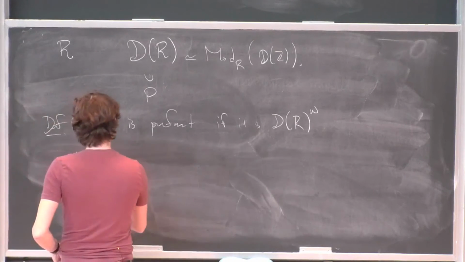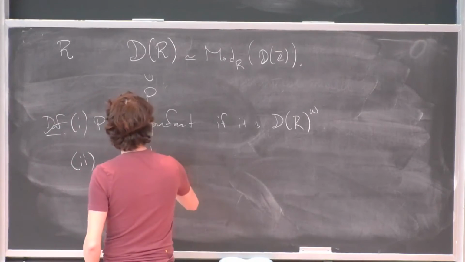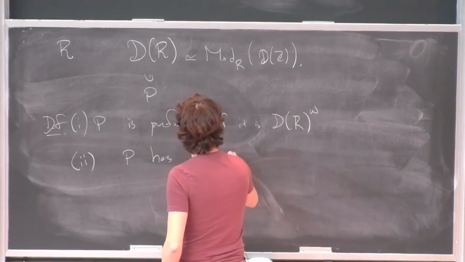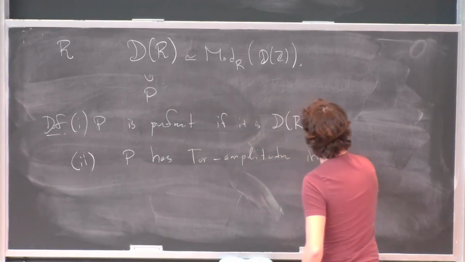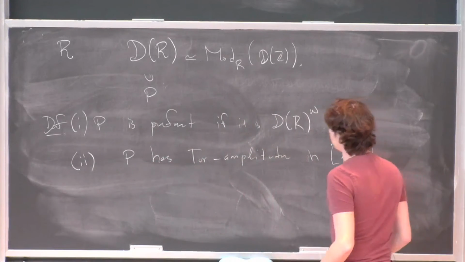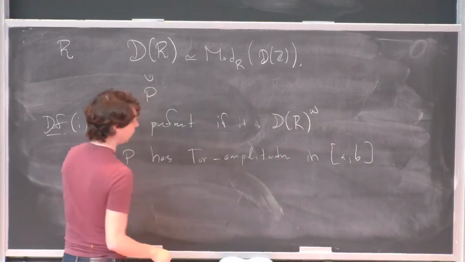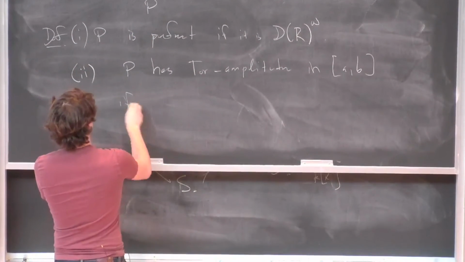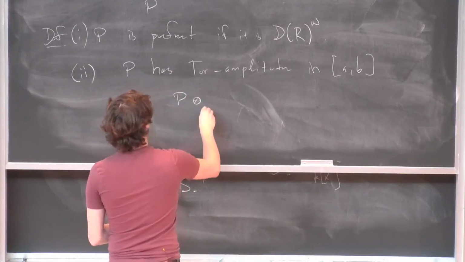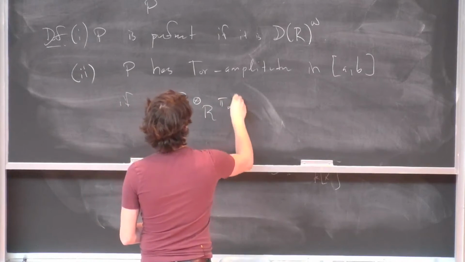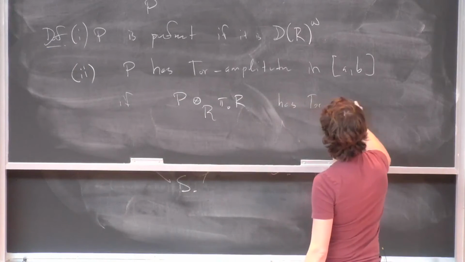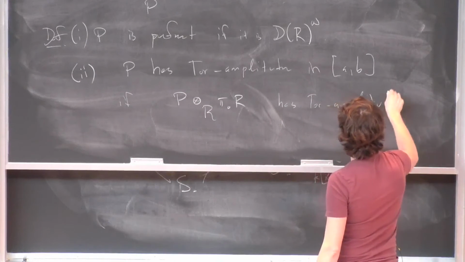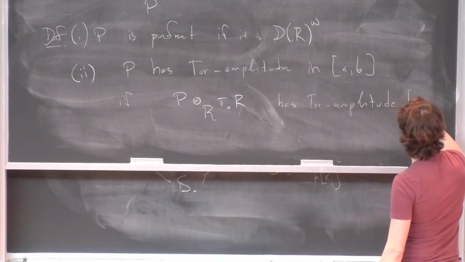The second thing I wanted to say: P has Tor amplitude in some range A to B if the following is true. If I take P and base change down to pi 0 R, and this has Tor amplitude in [A, B]. This is something studied well in SGA 6.